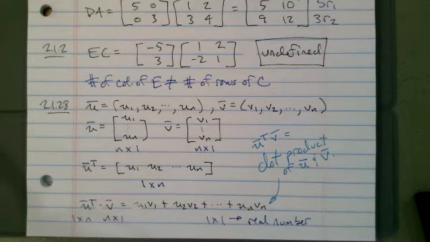So let's look at some other things. We want to look at how V transpose U is related. So let's calculate V transpose times U. So V transpose is going to be the 1 by n matrix V1, V2, Vn.